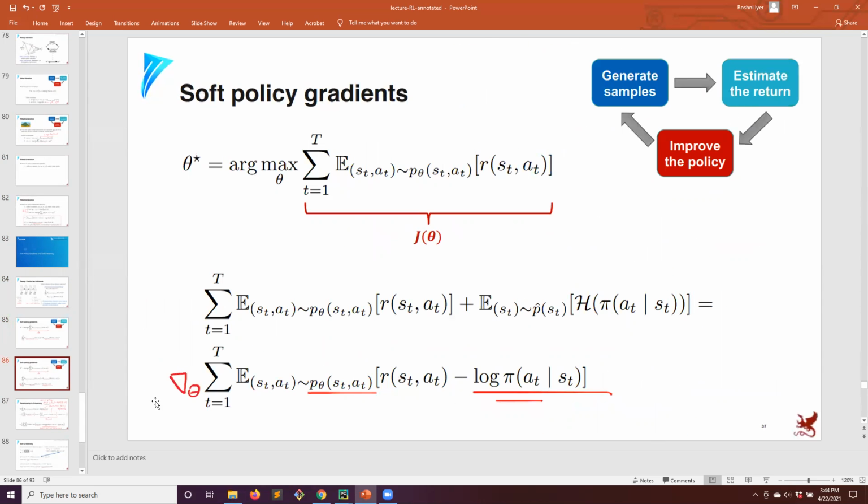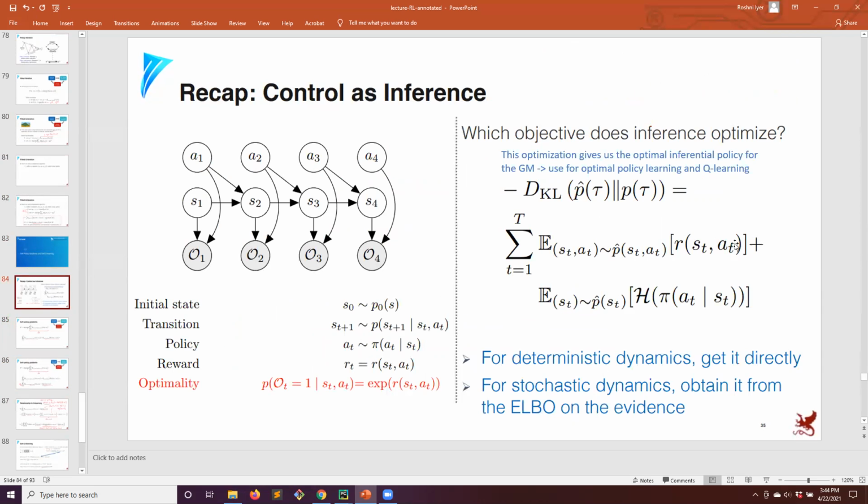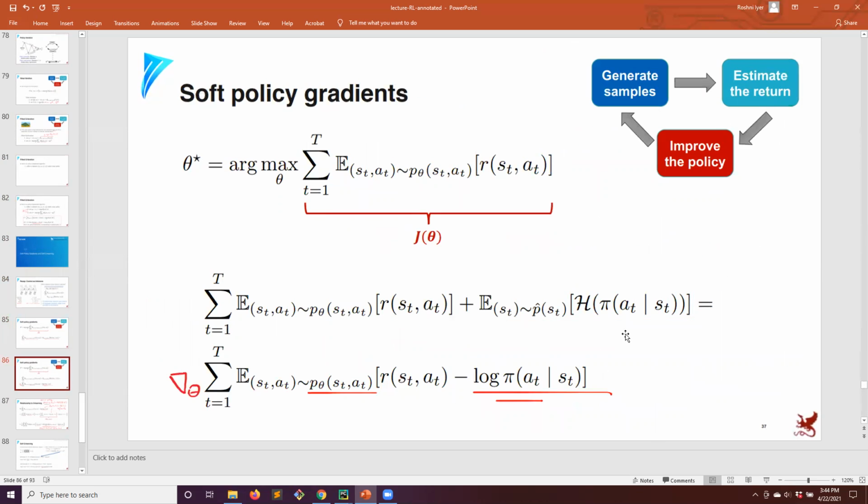And this form, remember, is this part here. So we're using this directly as the objective function. That's how we get this. And then we are directly computing the gradient of this, the gradient with respect to theta. And remember, this h function is actually the log of the policy.